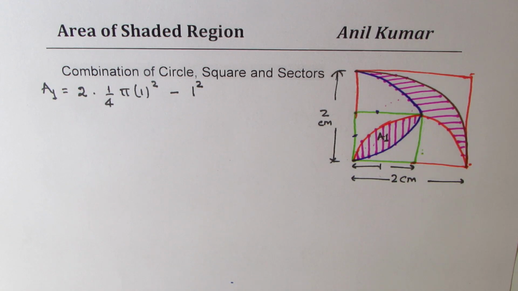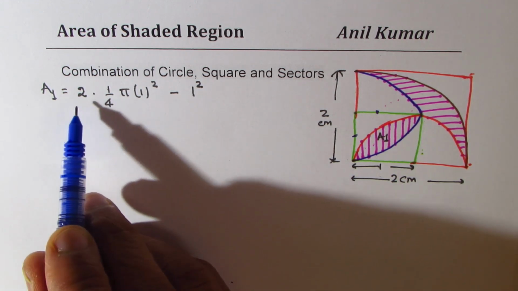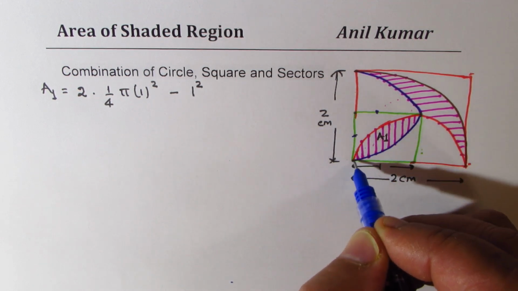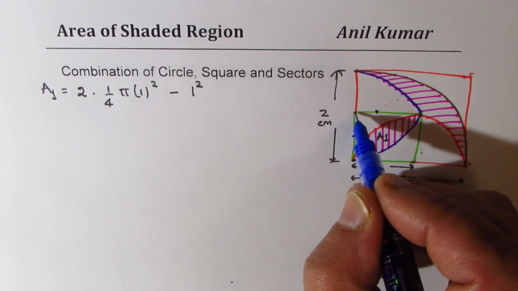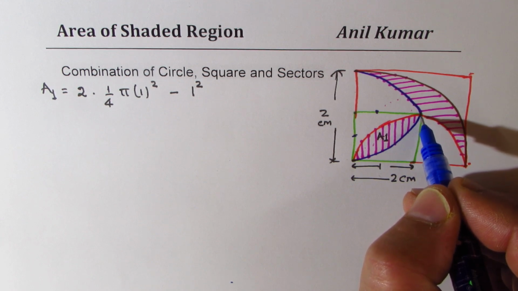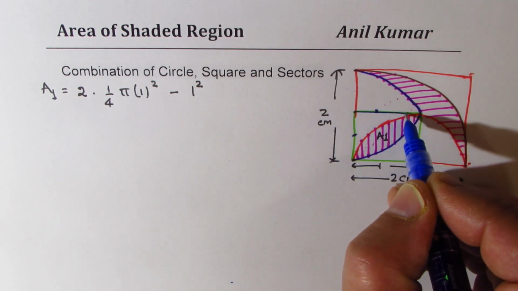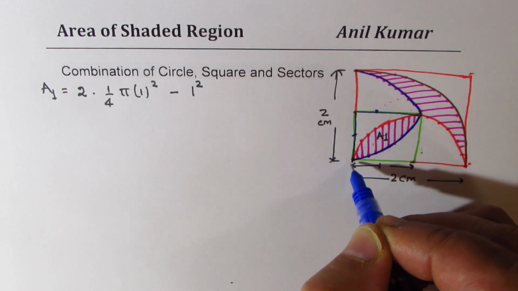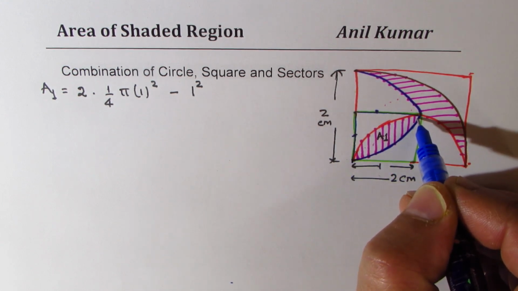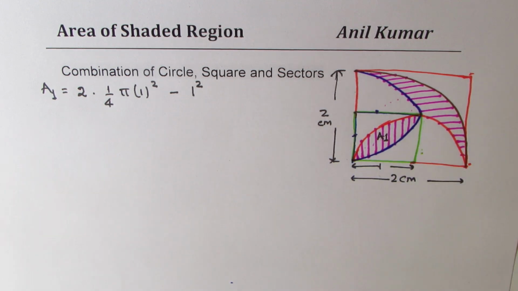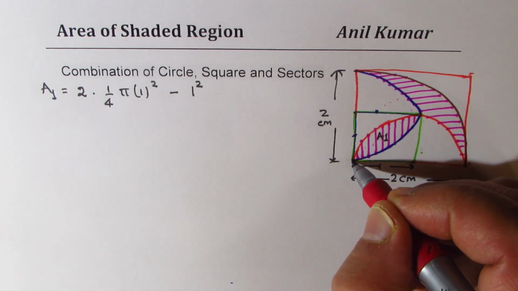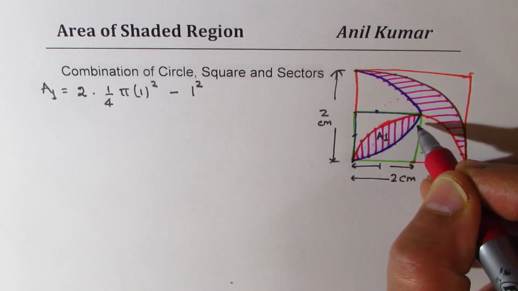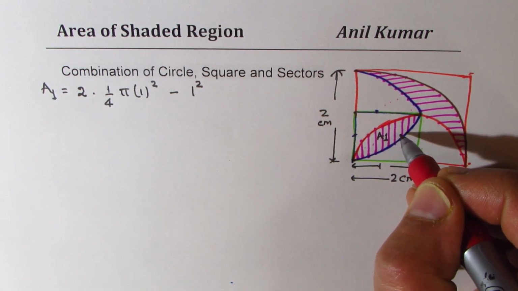So let me explain the formula which we have used here. If you look into it, we have one particular square, and this square could be seen as a combination of this unit, 1/4 of a circle, and also this unit, the 2nd quarter of the circle. Now obviously we have overlapping, so that much is excess area, right?